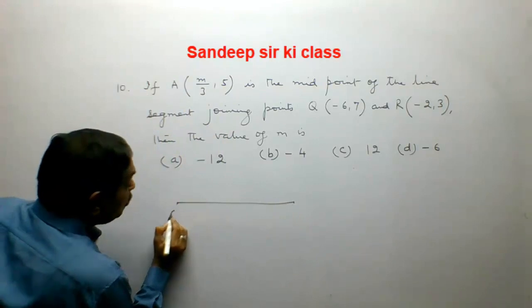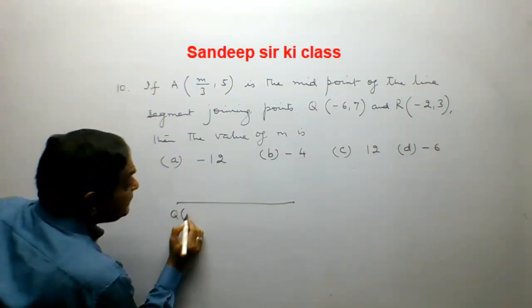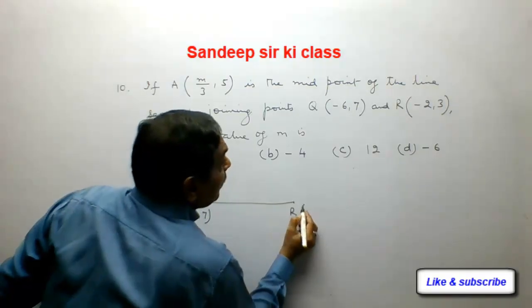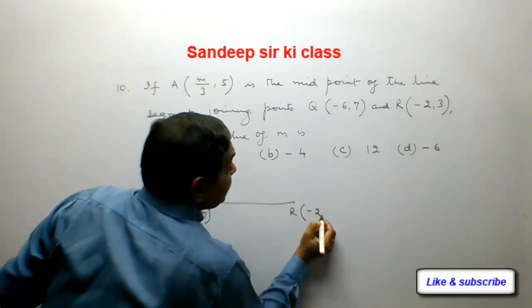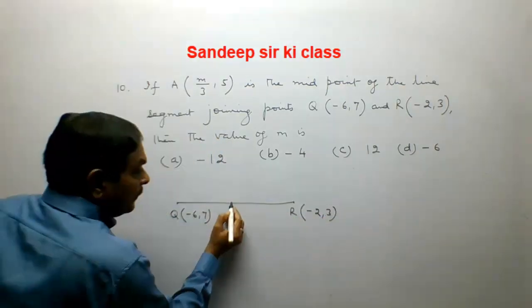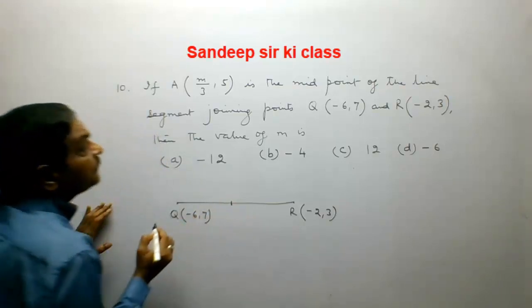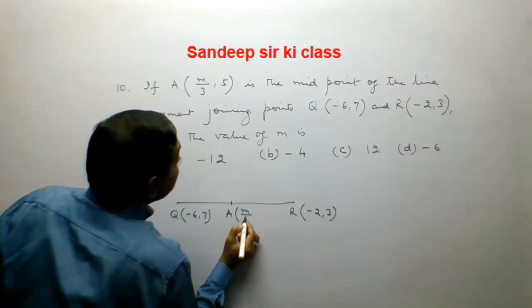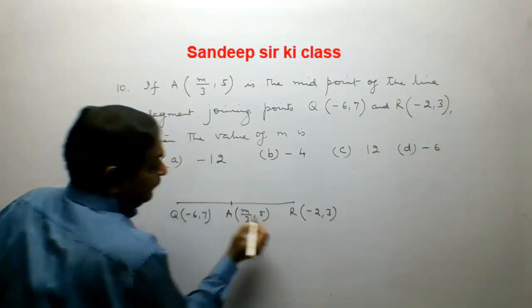This is point Q. Coordinate is -6, 7. Point R. Coordinate -2, 3. Midpoint is this. The coordinates of which are m/3, 5.